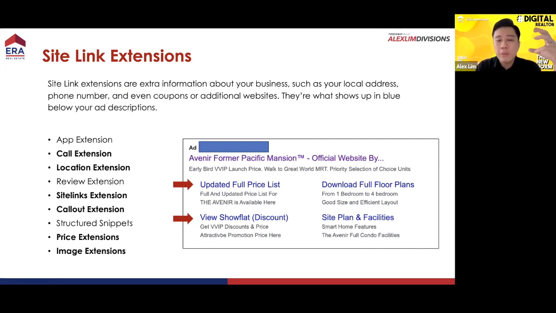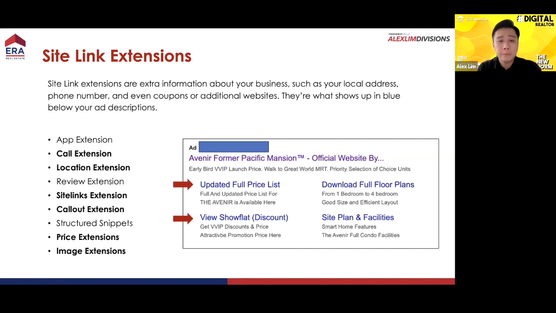I've highlighted the extensions you need to add. You can add those that are bold: your call extension, location extension, site link extension, price extension, and image extension. The rest is for other businesses. So you only focus on this, the site link extension.